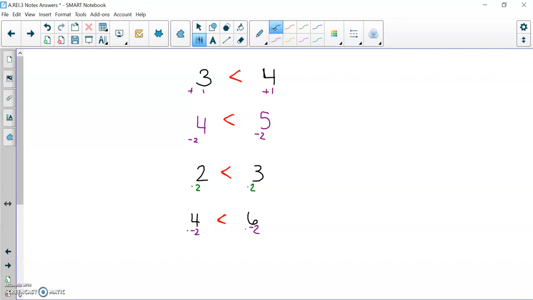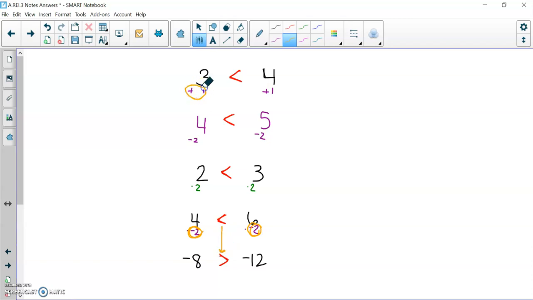Now I would have the numbers -8 and -12. To compare these two numbers together, -8 is actually greater than -12. So when I multiplied by a negative number, my inequality symbol flipped around.